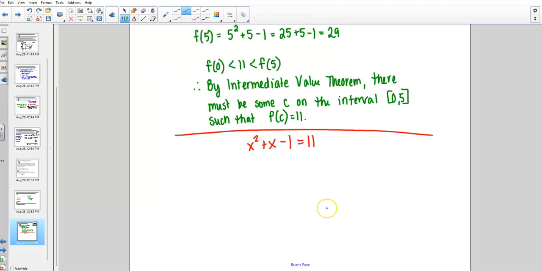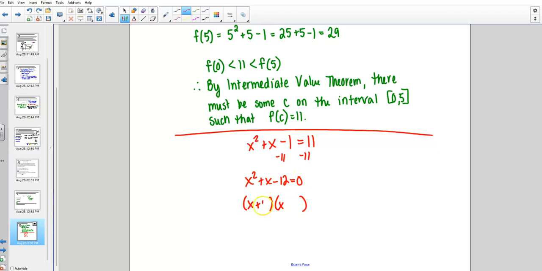These are all whole numbers. How do I solve that without using the calculator? How do you solve a quadratic? Everything to one side. X squared plus x minus 12 equals 0. Factor it.